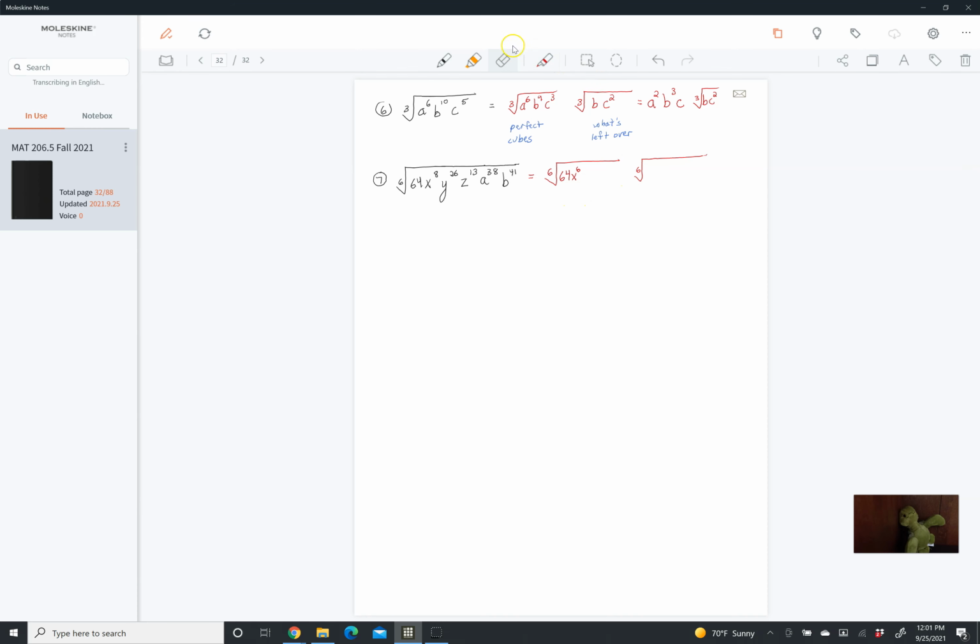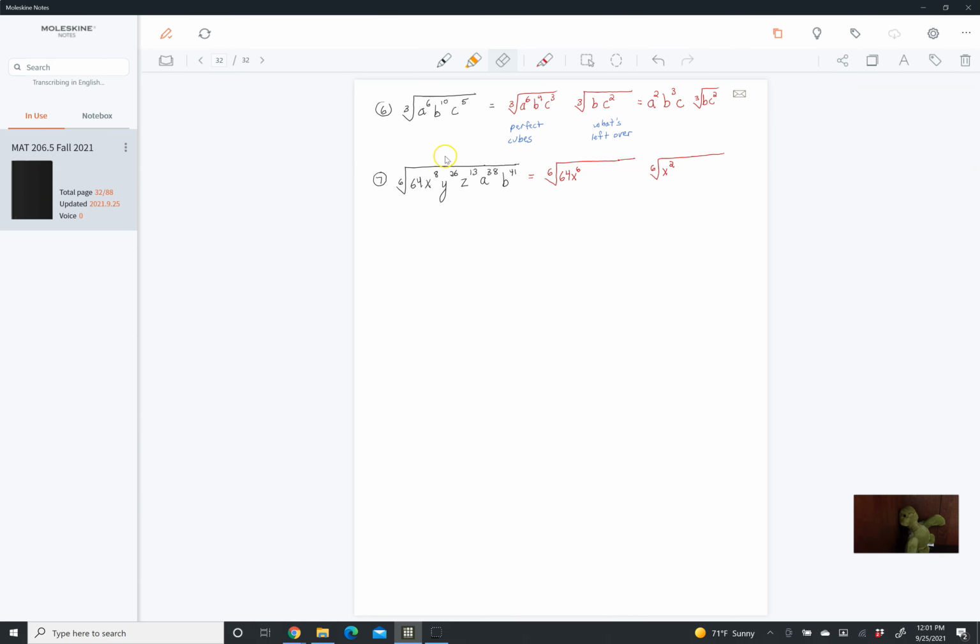I'm going to move this over just a little bit because I don't think I gave myself enough room. So if you have x to the 6th, what's left over? 2 x's. We used up 6 of them, there are 2 left.